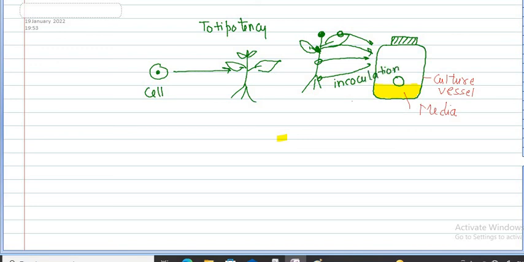Inserting a cell or tissue or organ in a media is called inoculation. That small part or cell is called the explant. And by using these nutrients from the media, that will grow into an entire plant within the culture vessel.